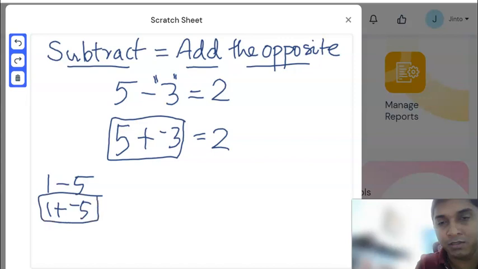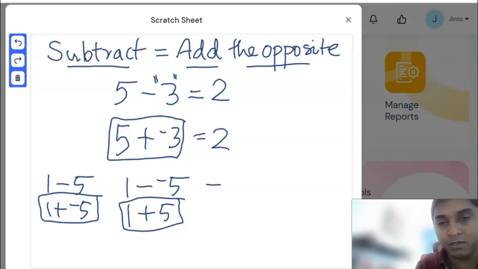That's subtracting a positive number from a positive number. Now the second one, you can think about subtracting a negative number from a positive number. There also you add the opposite, 1 plus 5, and you get 6 as the answer.